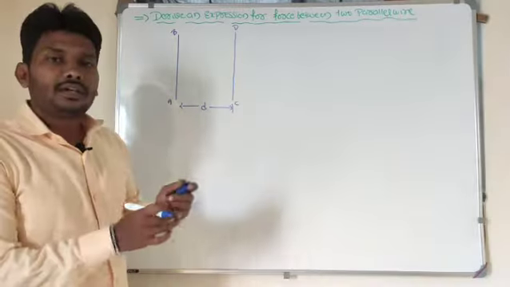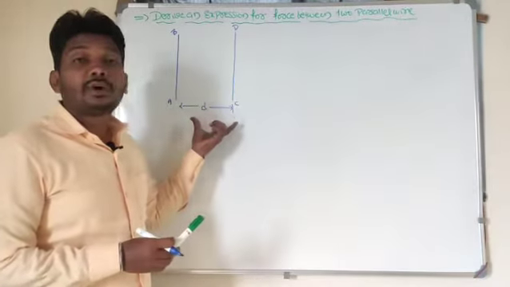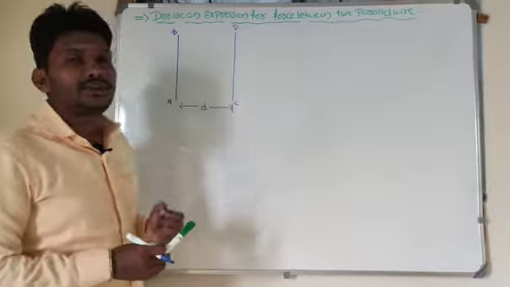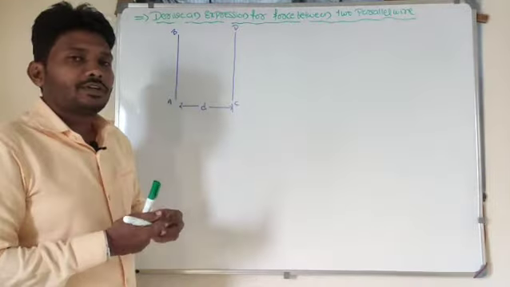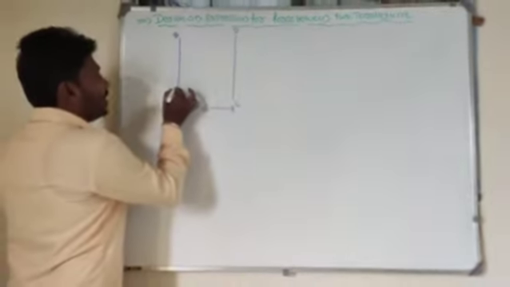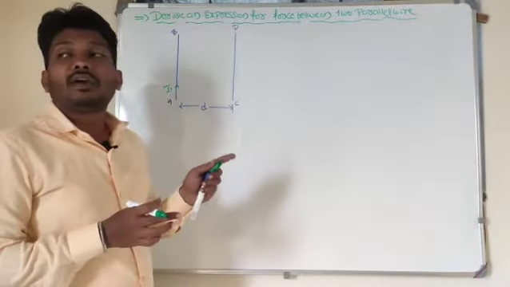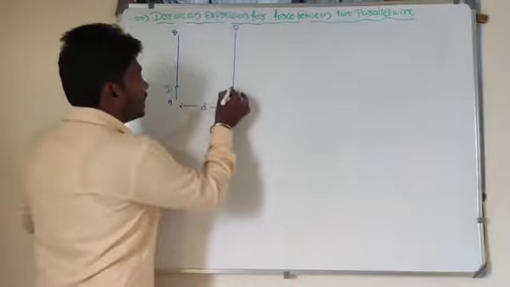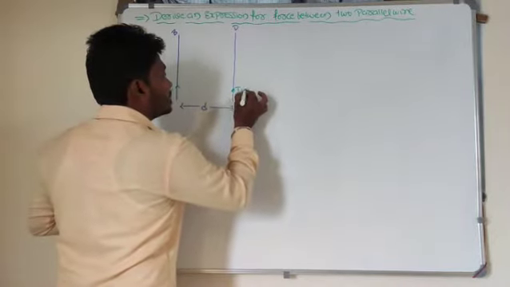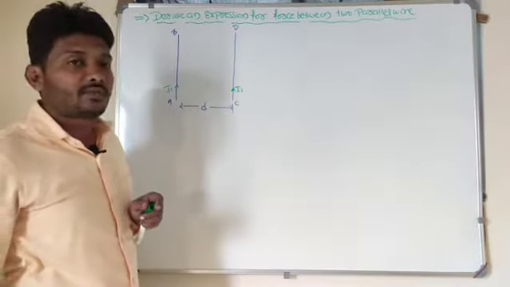Let it be d here. Now in the first wire, for example, I1 amount of current is flowing, and in the second wire also I2 amount of current is flowing.